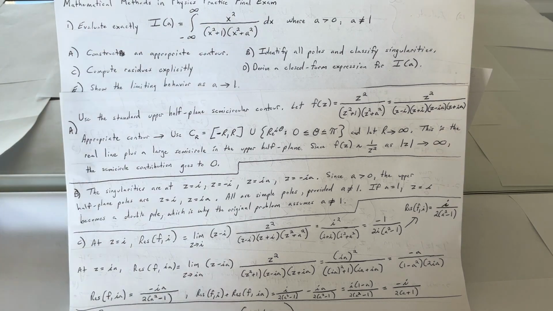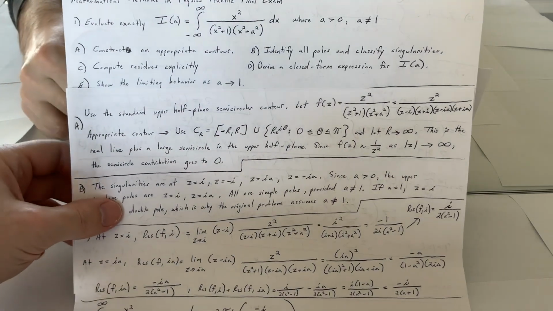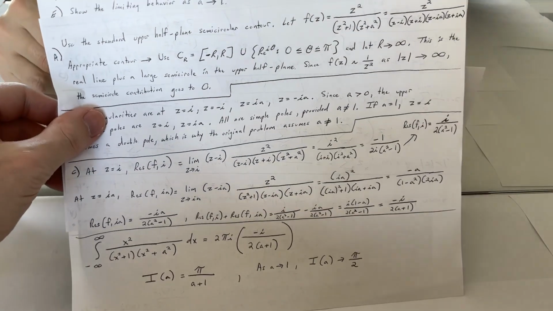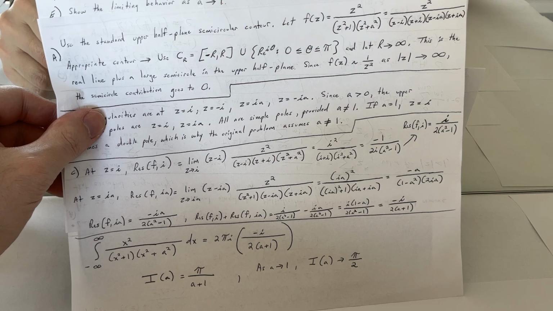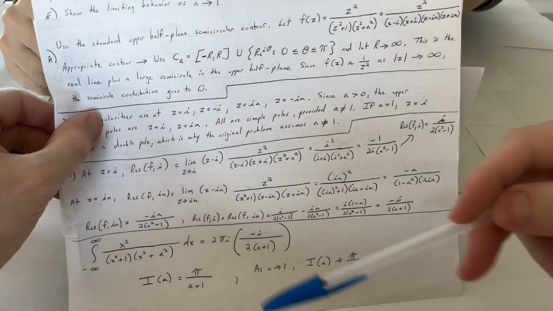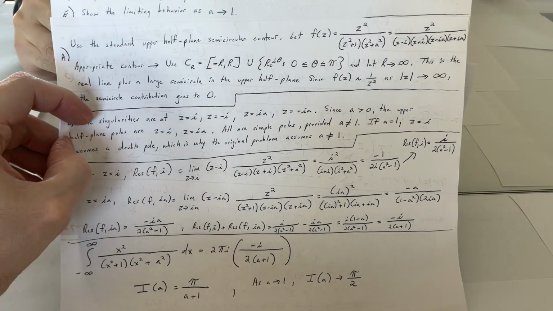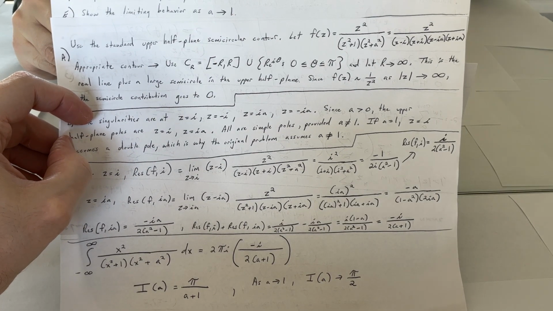Okay, and for the remainder of the problem here, let's see if we have the following integral, negative infinity to infinity of x squared over (x squared plus 1)(x squared plus a squared) dx.